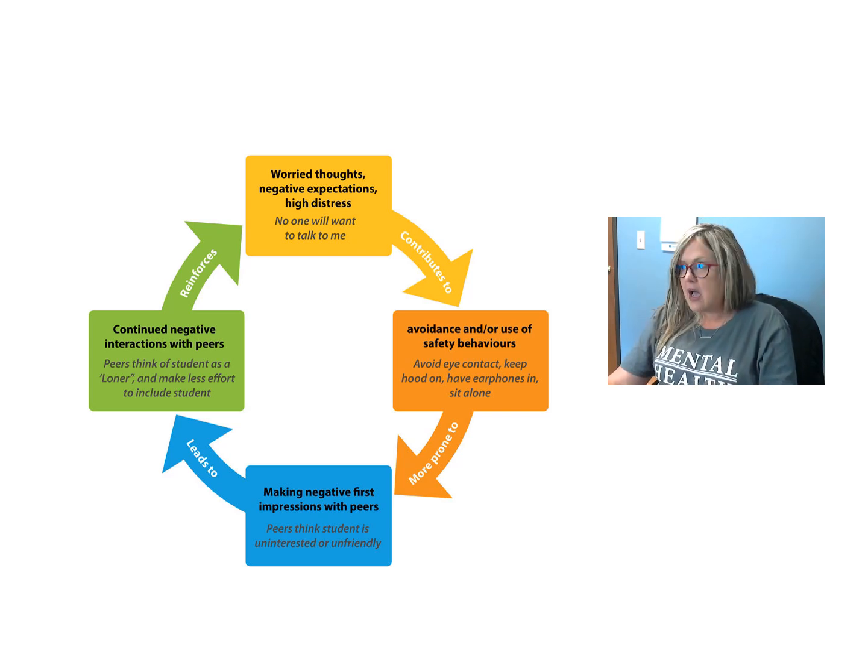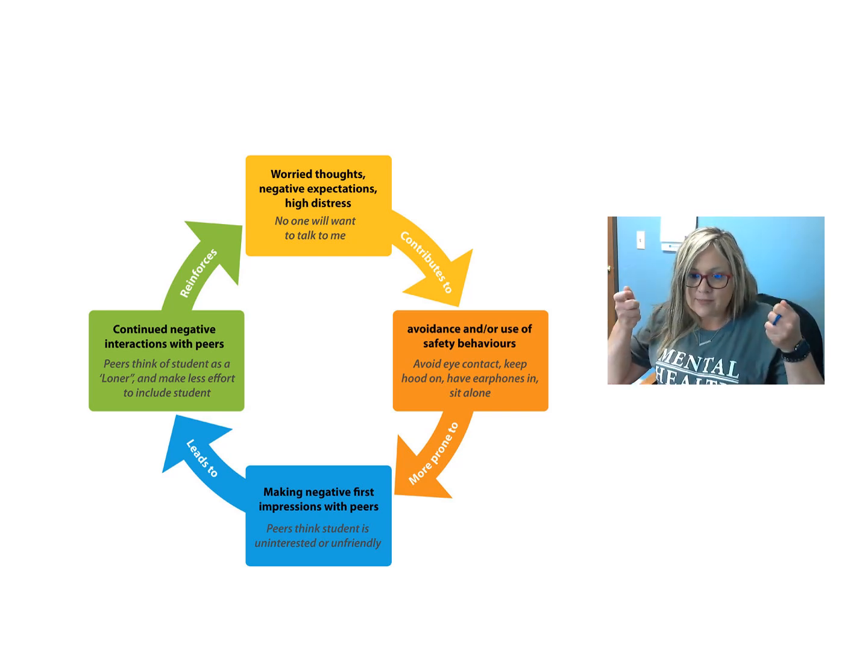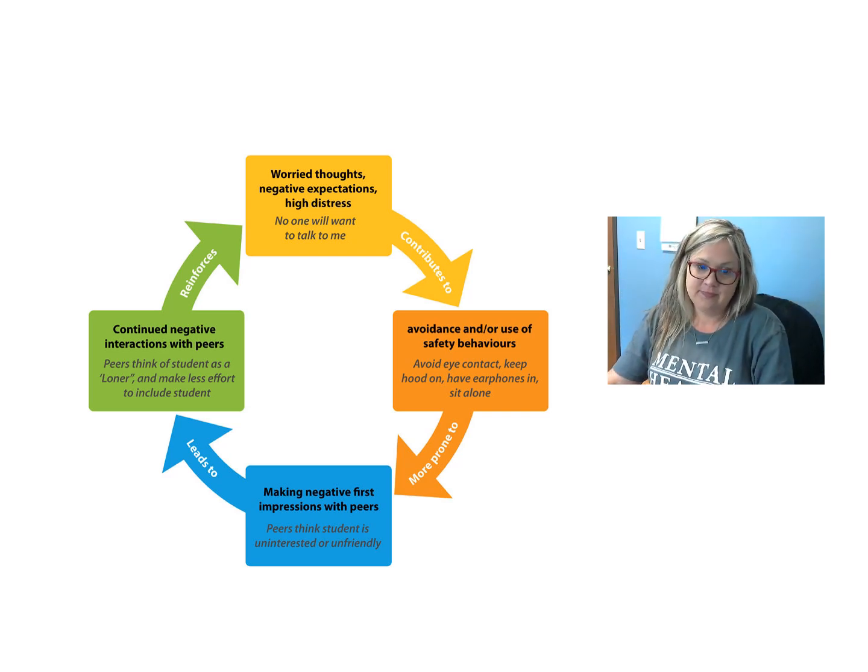They might want to wear sunglasses all the time, so they avoid eye contact, or they're going to keep their hoodie up so no one can see them, or keep their earbuds in. If they're doing that, it's going to really be more prone to making negative first impressions with people, which is going to lead to negative interactions with peers. All because of these worried thoughts.